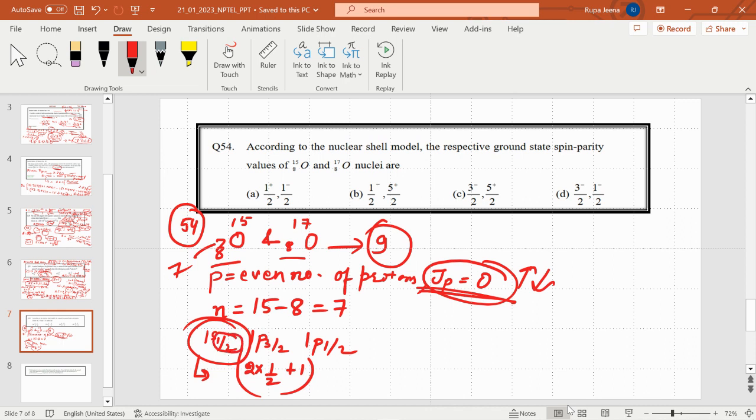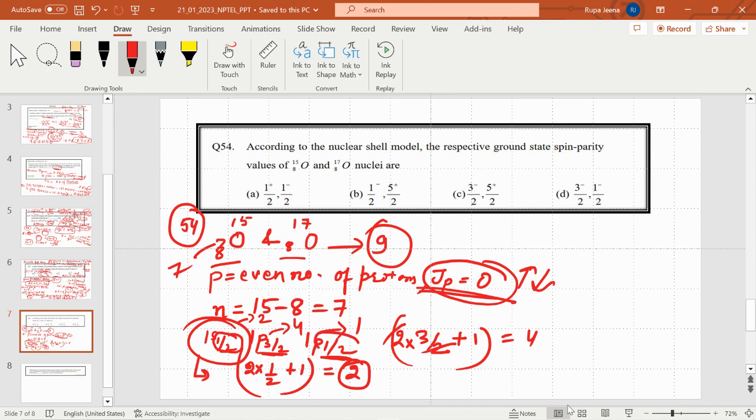From the subscript that is given here. That means it will accommodate 2 neutrons, and 3 by 2 will accommodate 2 into 3 by 2 plus 1, which is equal to 4. So it will accommodate 2, then 4, and then 1: 4, 6, 7. That means the last neutron is falling in the state 1p 1 by 2.